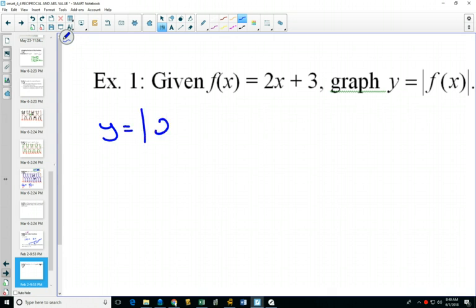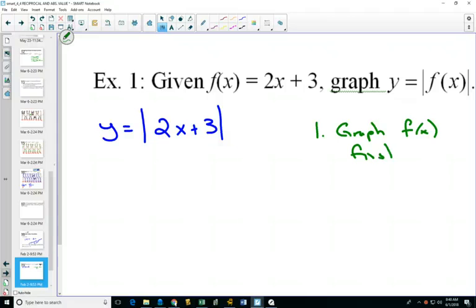So we want to graph the absolute value of 2x plus 3. And we're going to start with our new technique. Our new technique is graphing f of x first, which is our function inside.